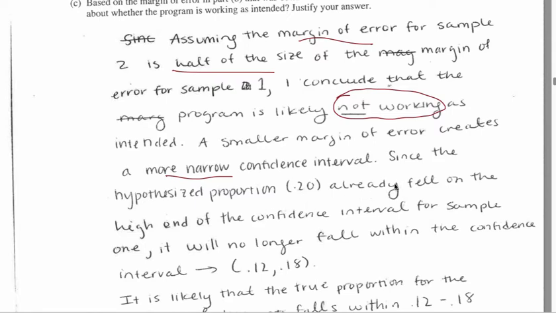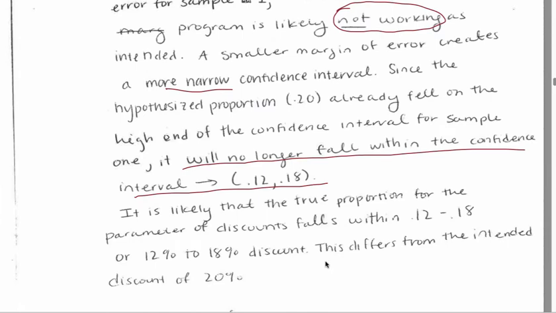But they said that it will no longer fall within the confidence interval. And then they list the confidence interval. So then it says it's highly likely the true proportion is in here. That's all true information, extra information. And then they say it again, that interval essentially differs from the intended discount. So they've really given 2 correct explanations for that. And so that's given an E.